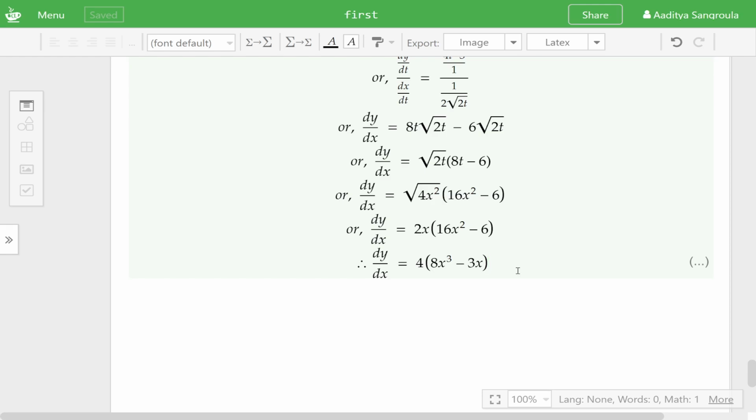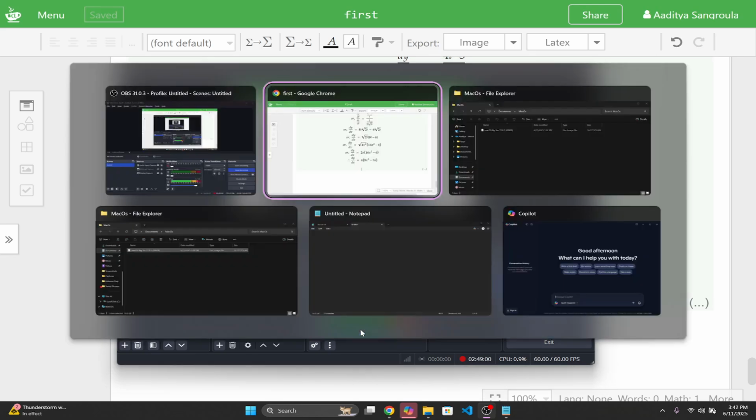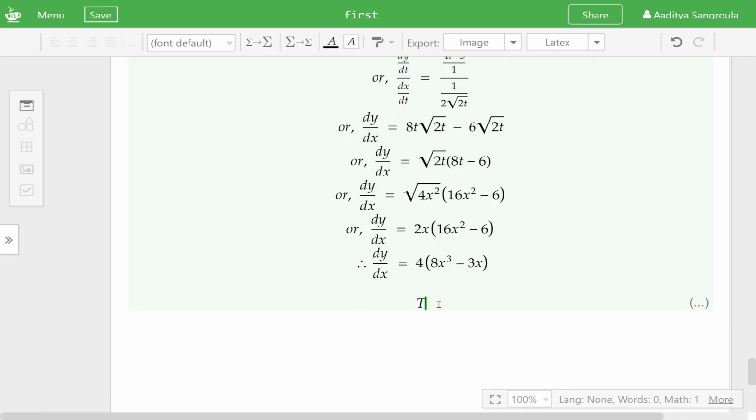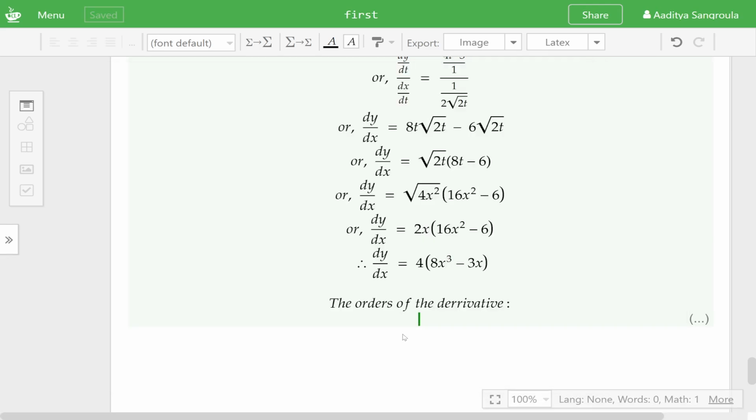So now let's learn what the second derivative of a function is. Alright? So let me first give you a bit of theory about what the second derivative is. We have different orders of the derivative.